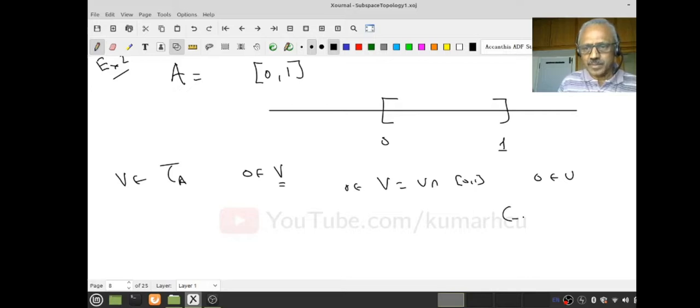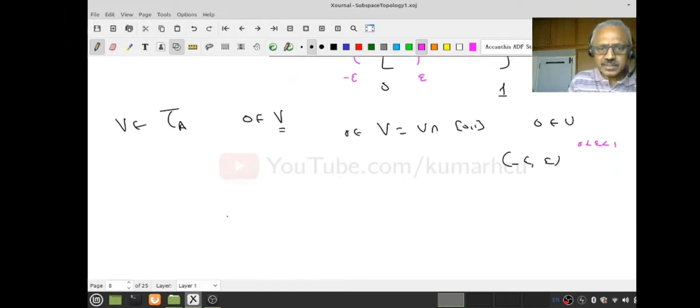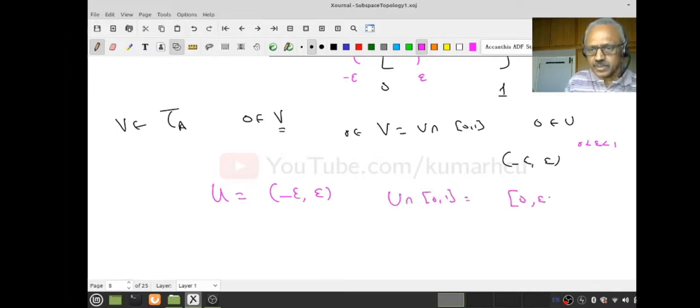They are of the form minus epsilon to plus epsilon. Do you understand? I am just taking epsilon to be less than 1. It may be greater also, but just for fun I am taking this. Okay, therefore what is this then? If I take U equal to minus epsilon to plus epsilon, then U intersection [0, 1] is [0, epsilon).